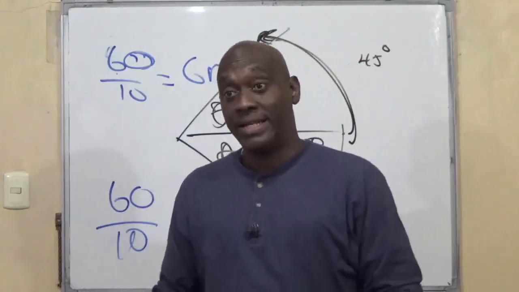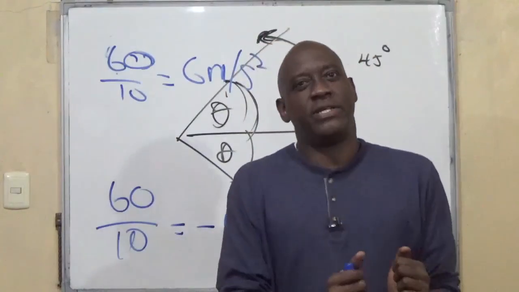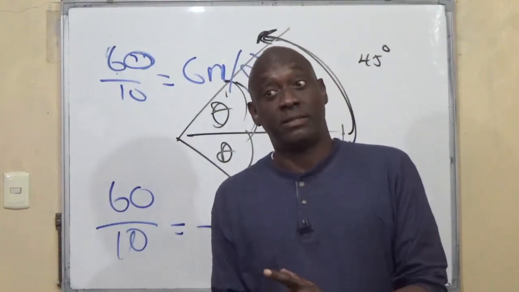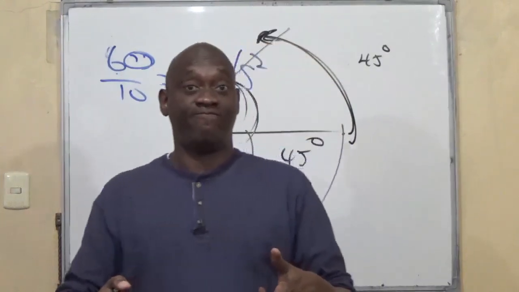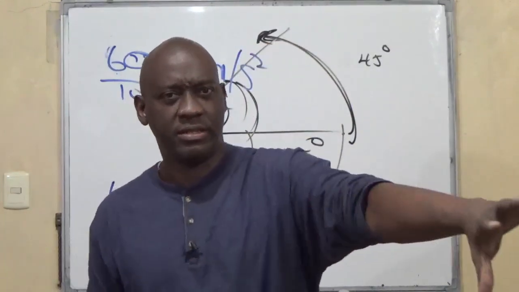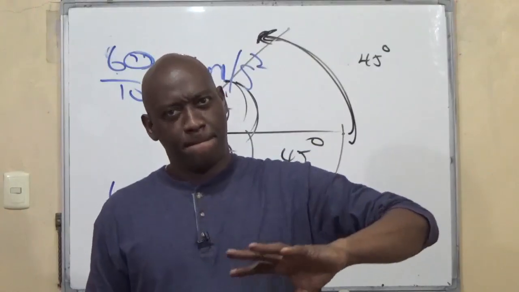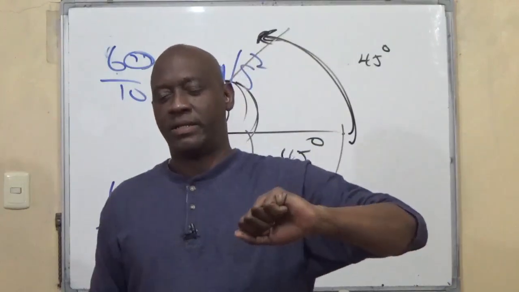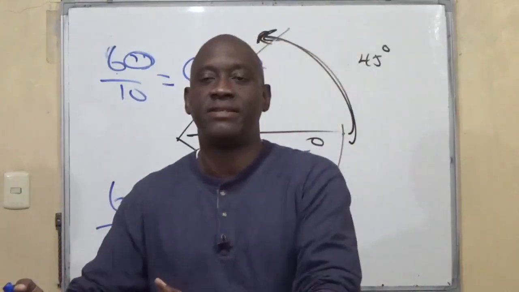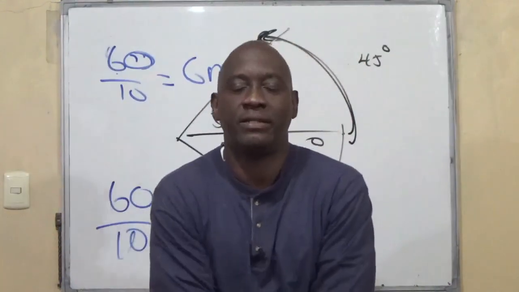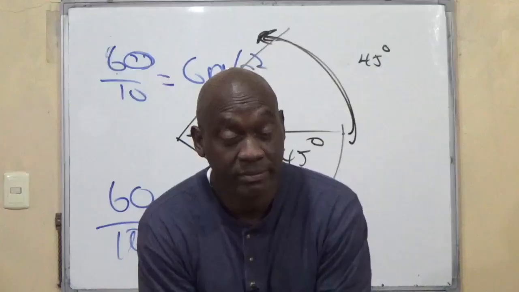In other words, you have a negative acceleration of 6 meters per second squared. A deceleration of 6. So in other words, your accelerate is positive, your decelerate is negative. Right?